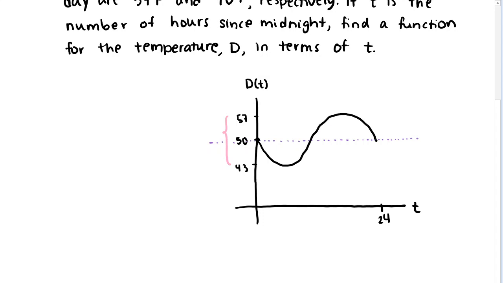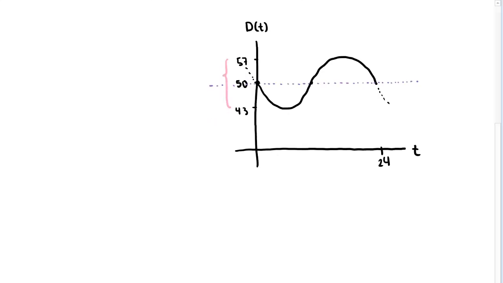Here it looks like it would continue onwards and probably started earlier. A reasonable period for this function would be 24 hours. So it looks like we've got an amplitude.